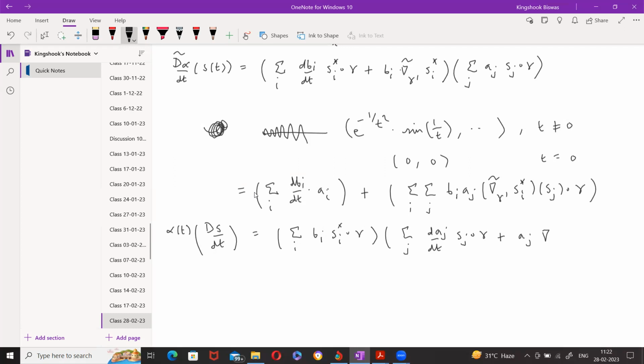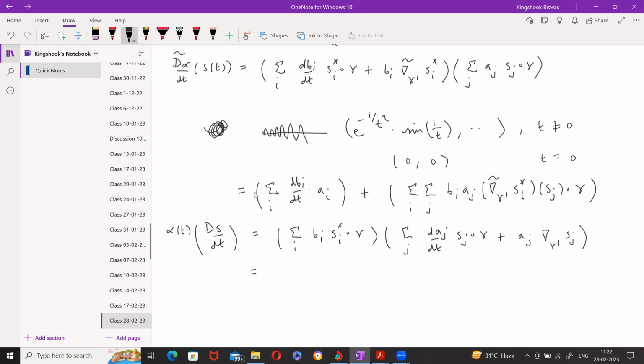Since the Sj composed with gamma are given by restricting sections of the manifold to the curve, this becomes nabla sub gamma prime of Sj. So now I apply this linear functional to this vector.